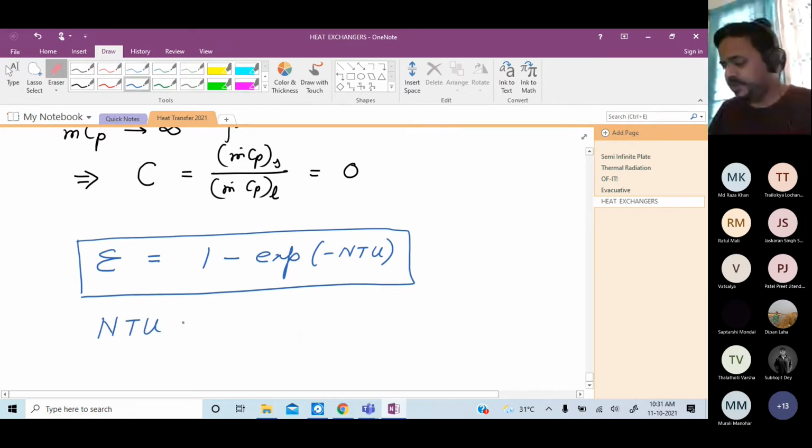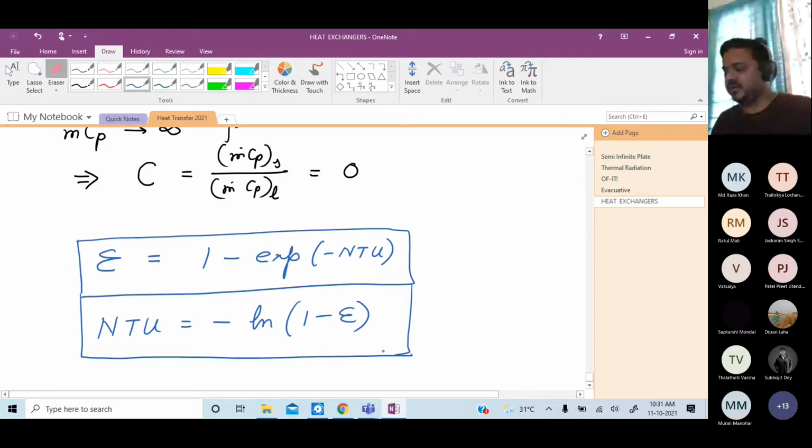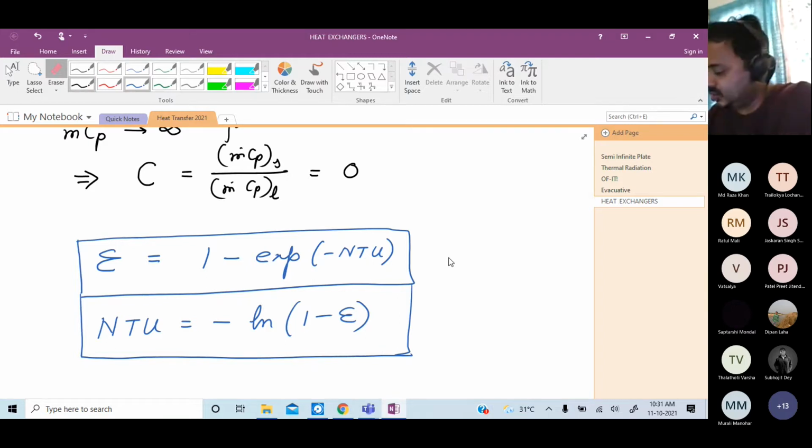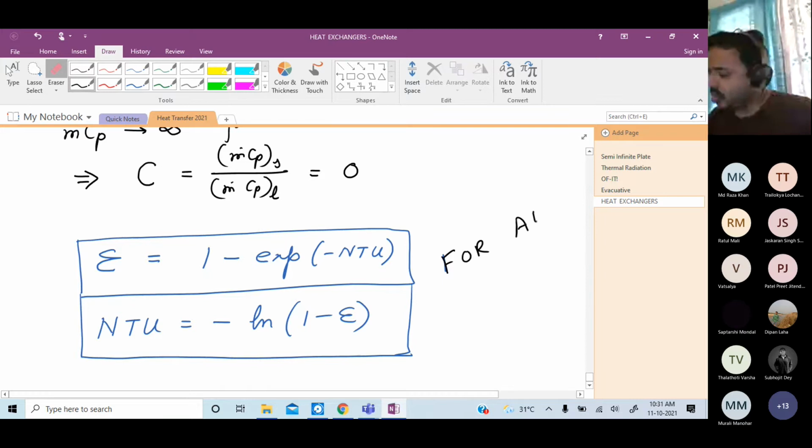So what would NTU be? Minus log 1 minus epsilon. Right. This, my friends, as you have already seen, is true for parallel and counter flow. This is true for all configurations.